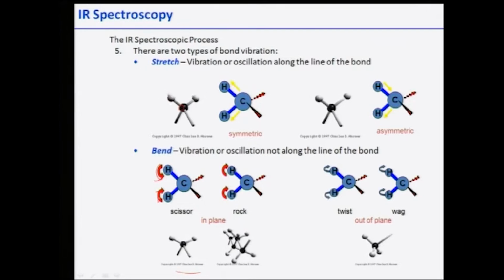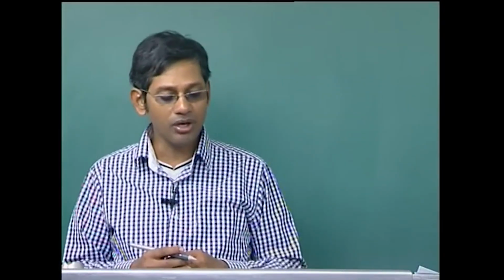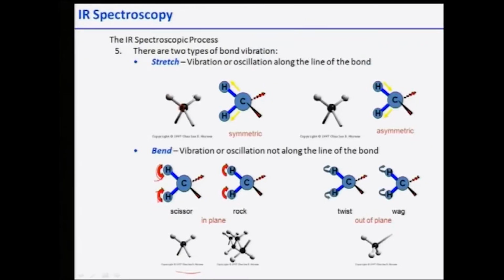Whenever you use scissors to cut certain things, both scissor blades come and meet. Sorry, in the scissor case these two atoms are moving in opposite directions, not in the same direction. That is why they come together like scissors.